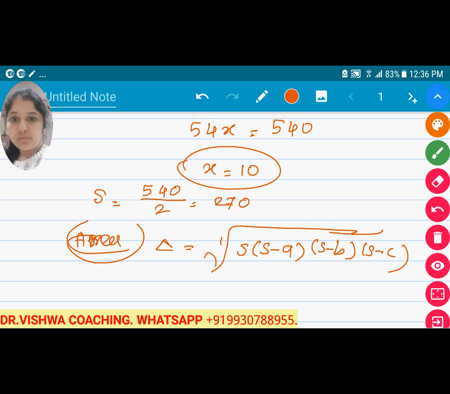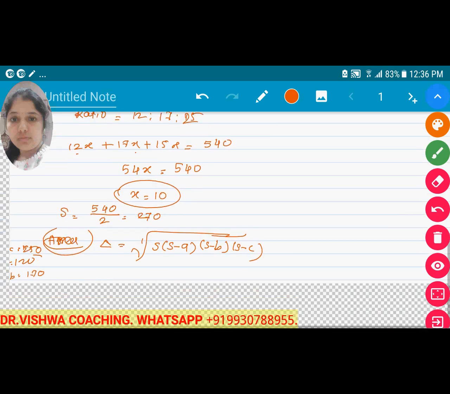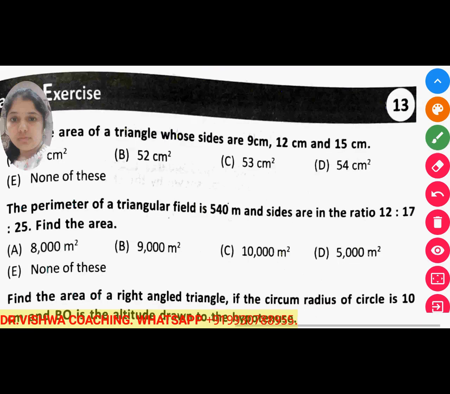Now you know the proportion of the sides. So the first side will be 120, the second will be 170 and the third will be 250, because the sides are in the ratio 12:17:25. By these values of the sides and the value of s, we can find the area of that triangle. The rest of the sum you can do.